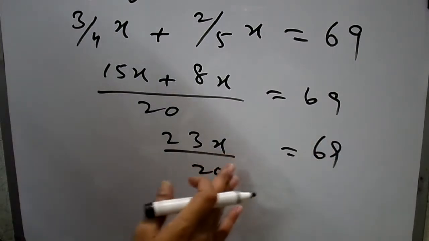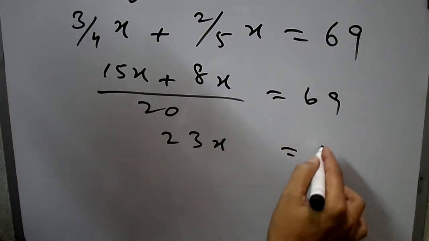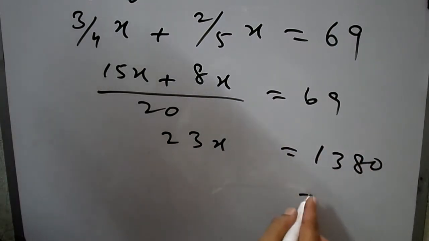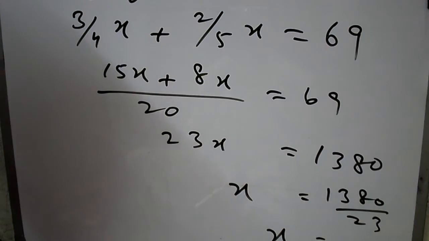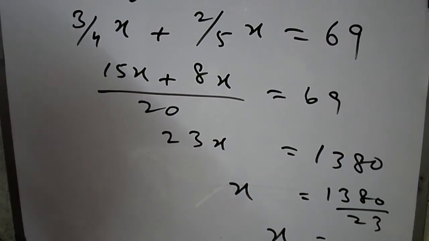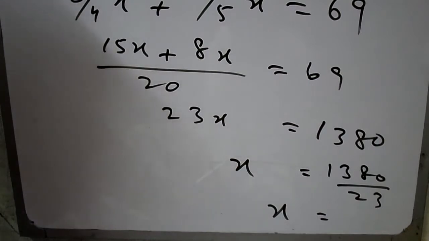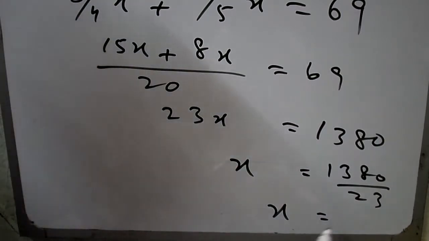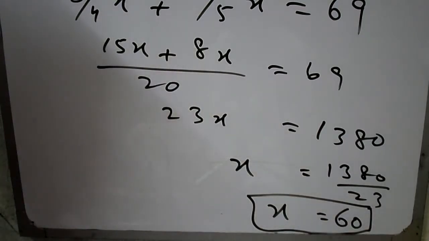By using cross multiplication, you need the value of x, so 1380 divided by 23, so the value of x you will get is 60. So 60 is the value of x, but we have to find the share of each.